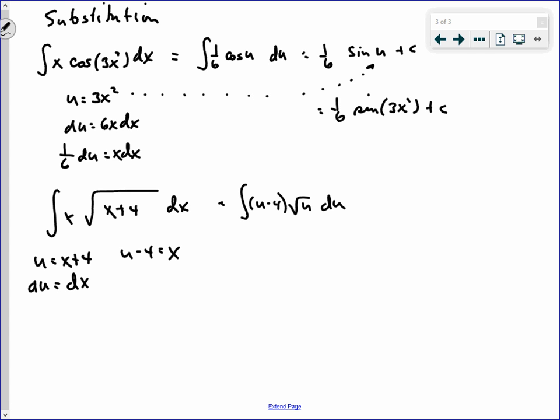This can be substituted this way, and that's workable if you write everything as powers, because the square root is u to the 1/2. When you multiply this out, that becomes u to the 3/2 minus 4u to the 1/2 du. So increase the power by 1.